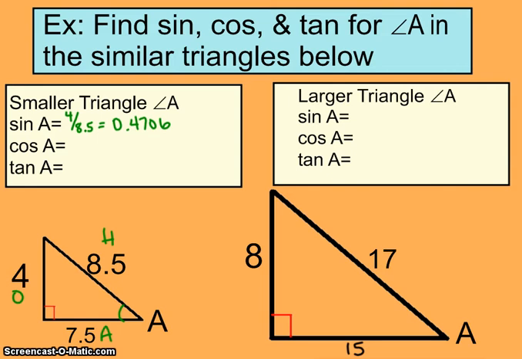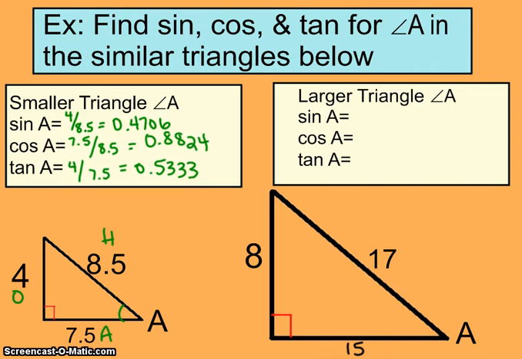I expect this of you. Cosine is adjacent over hypotenuse, so 7.5 over 8.5, which as a decimal is 0.8824, going to 4 decimal places. And tangent of A is opposite over adjacent, so 4 over 7.5, which is 0.5333.